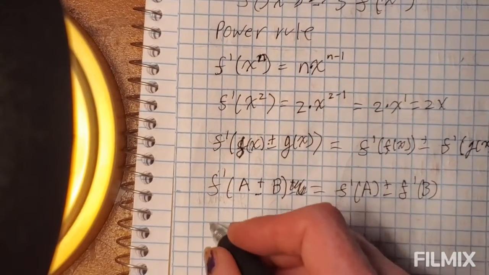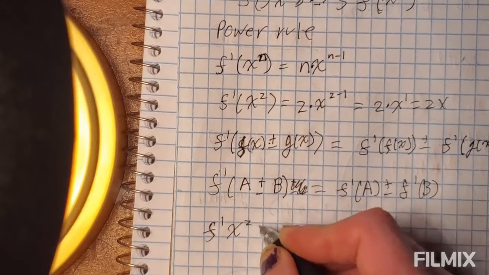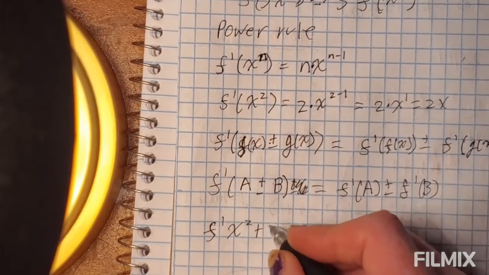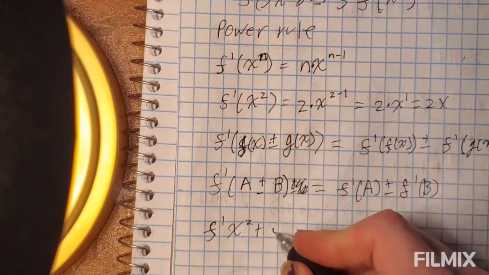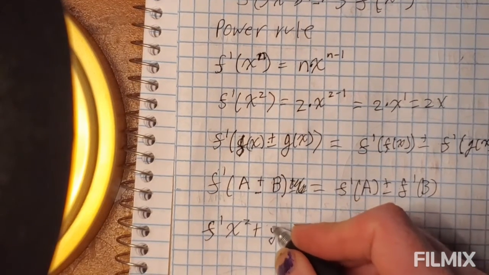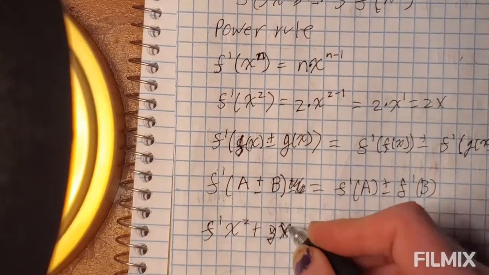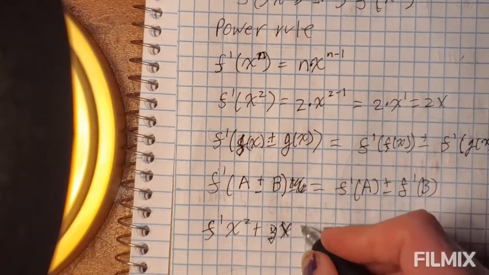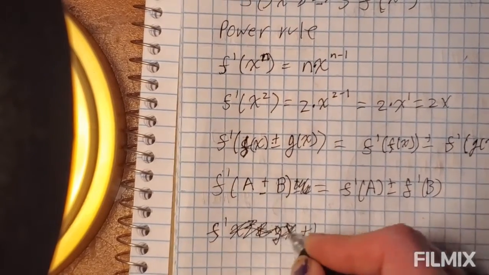So let's put something in here. Let's say you're asked to find f prime of x squared plus 3x minus 1. It's a big polynomial, really messy, I'm sorry.